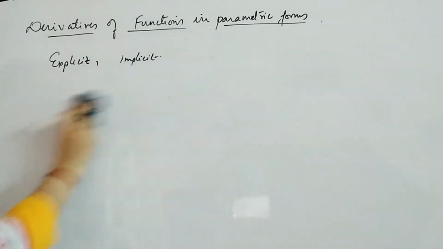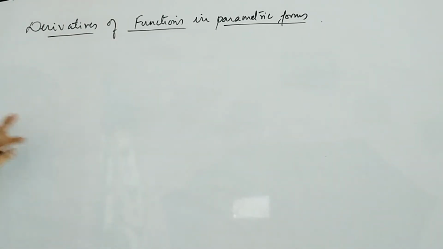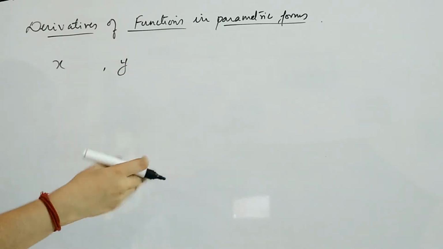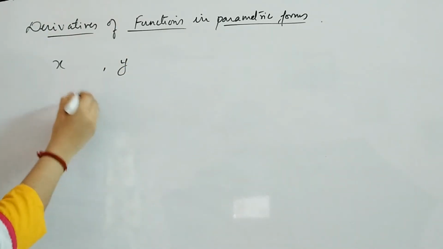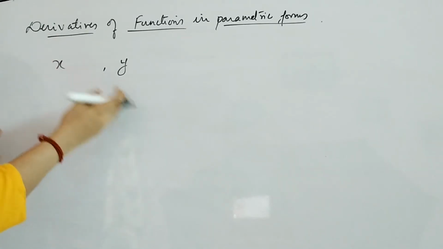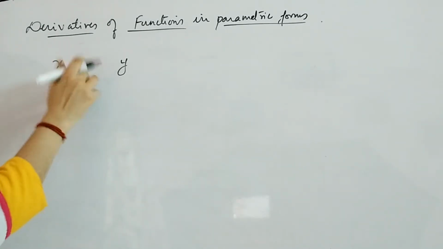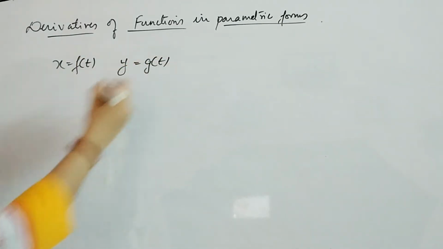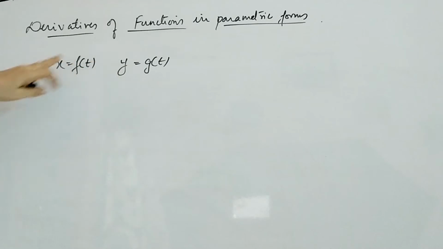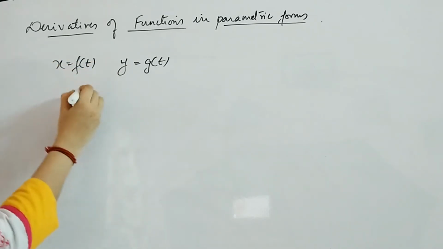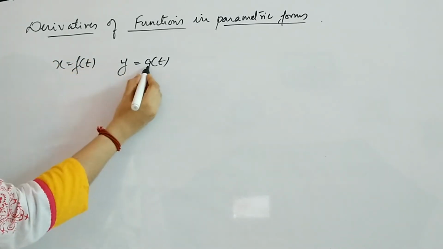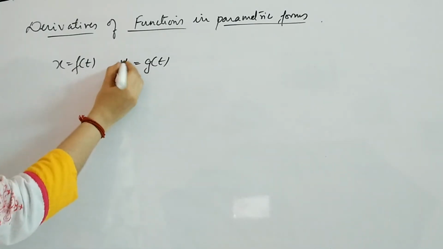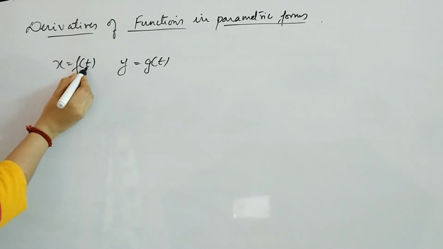Here you will have both x and y, but both x and y will be functions of some other variable. That variable, on which both x and y depend, I am writing here as t. g of t is a function of t which is equal to y, and f of t is another function of t.